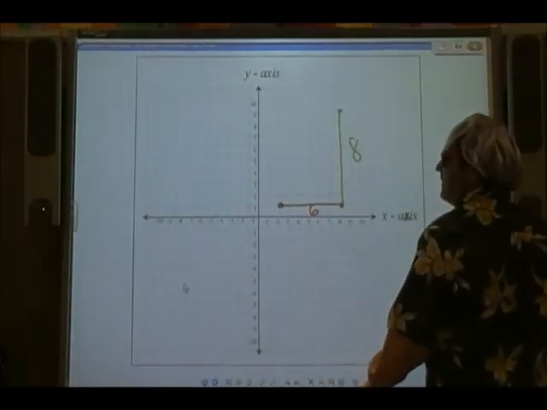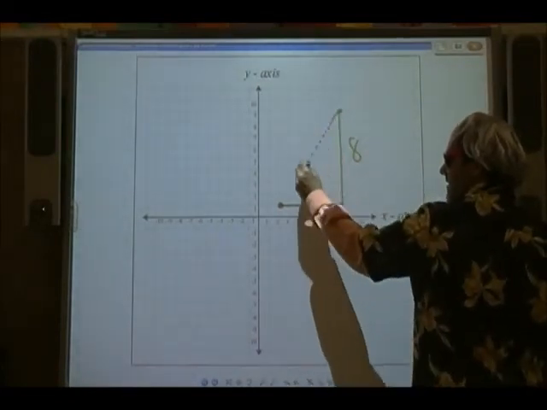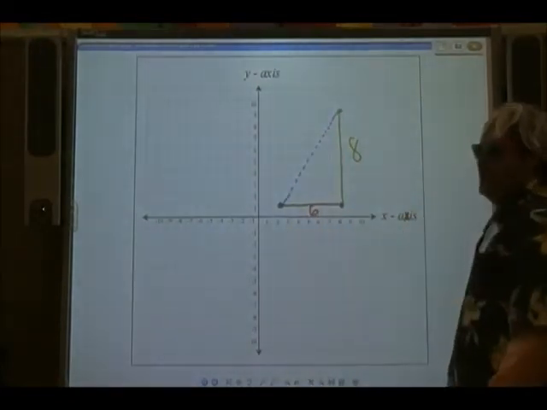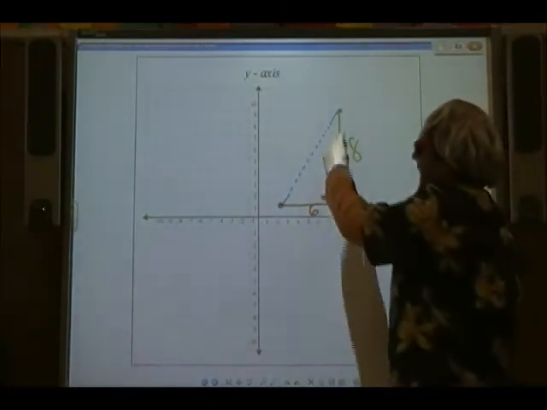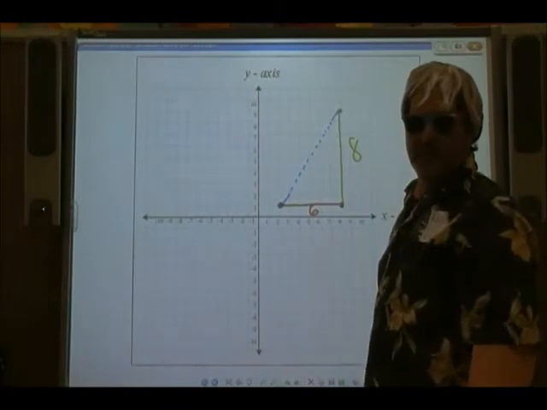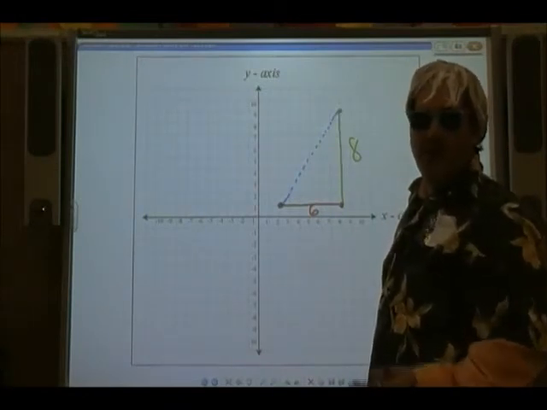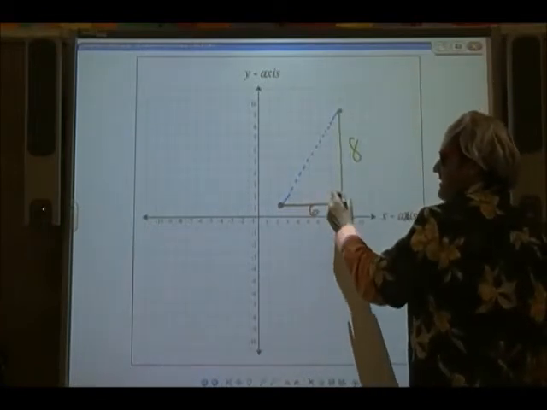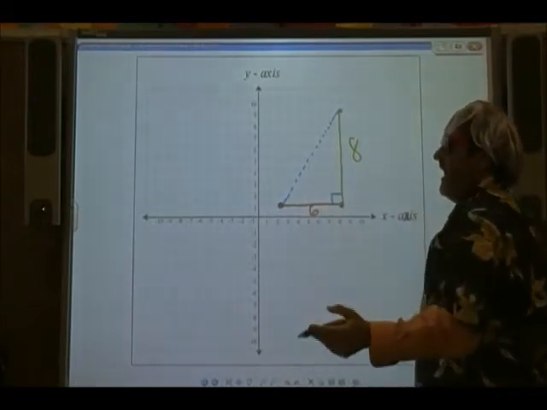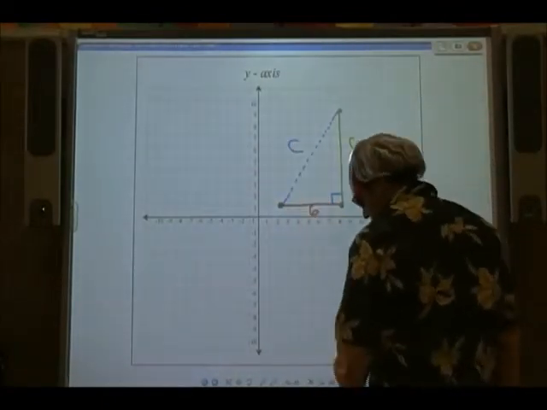But if I wanted to find this distance between those 2 points, now I can't count because I'm on a diagonal. Now we have a problem. Well, this is a right angle, and I can call this C, just for example.